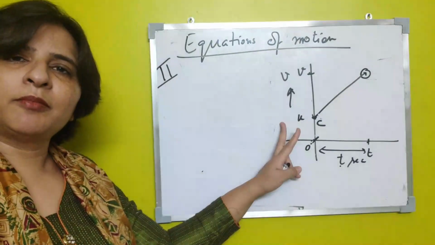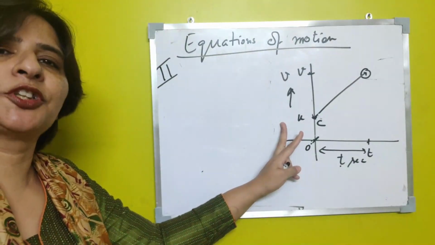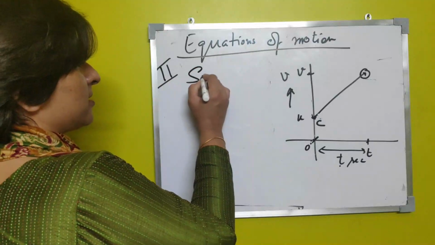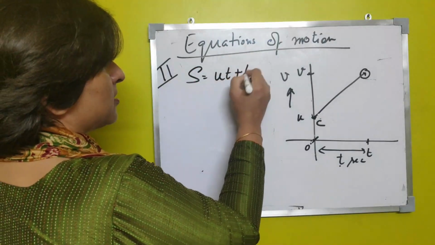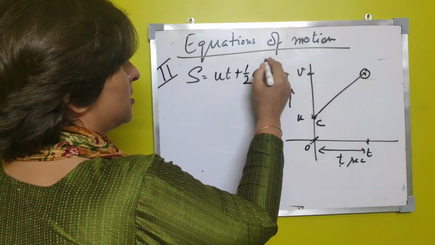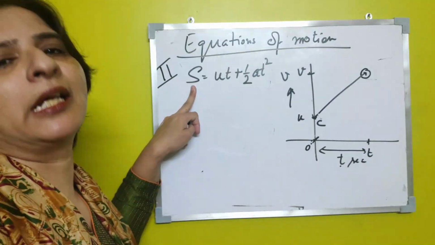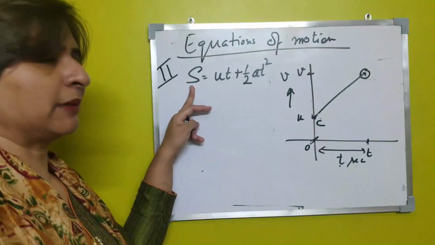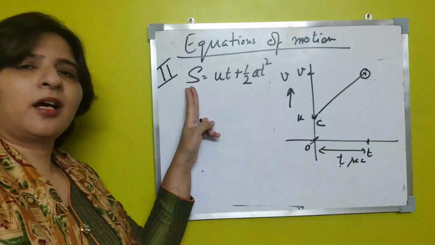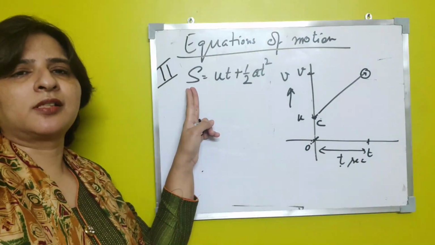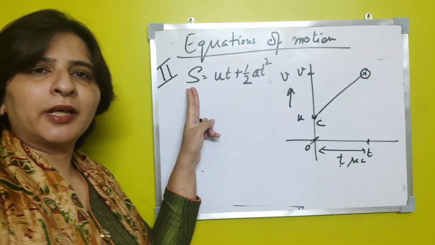The same graph can be used for deriving the second equation of motion, which says s is ut plus half at square. Now we have one additional term here, s, distance, and the concept that we know is that area under the Vt graph gives us the distance traveled by the body.